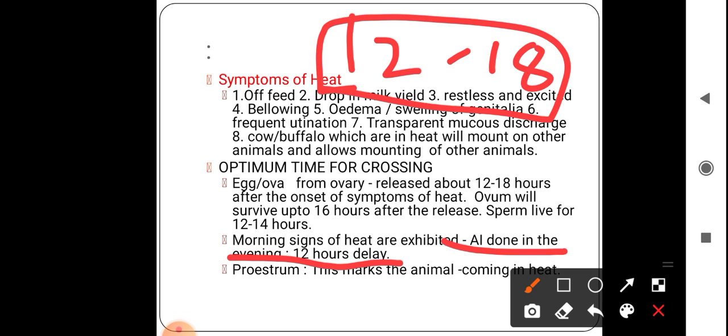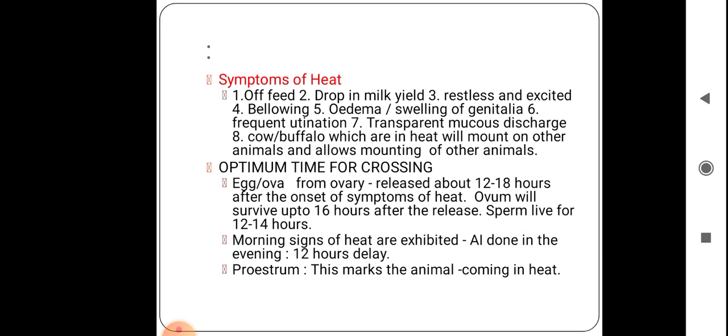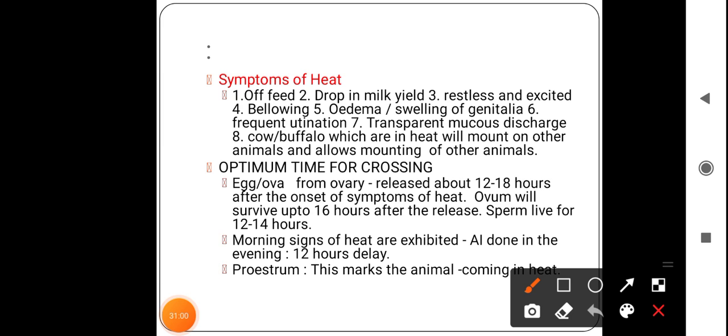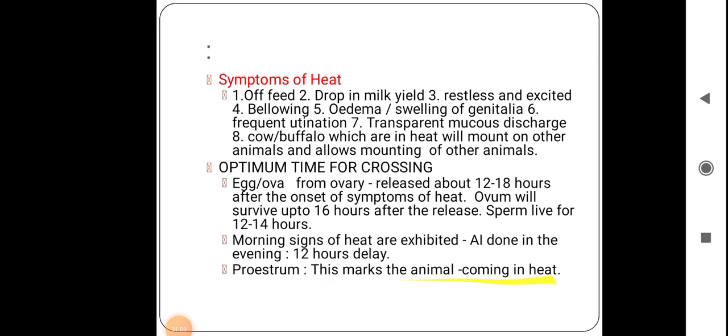When the AI is done, the ovum might have been released, the ovum will survive for 16 hours, and the sperm will live for 12 to 14 hours. So there is a fair chance of the cow conceiving if the AI is done after a 12 hour delay from the symptoms of heat. Some important facts: proestrum marks the animal coming in heat.